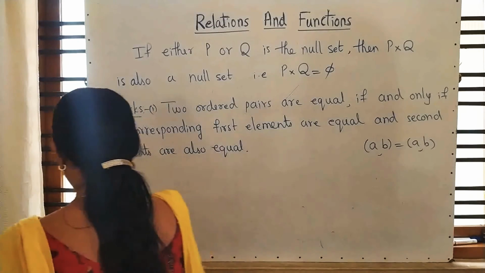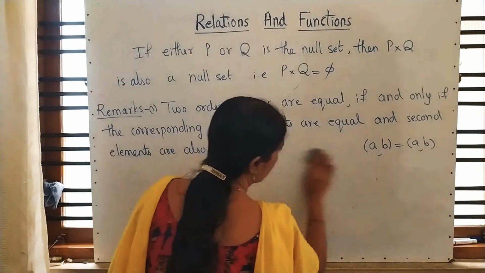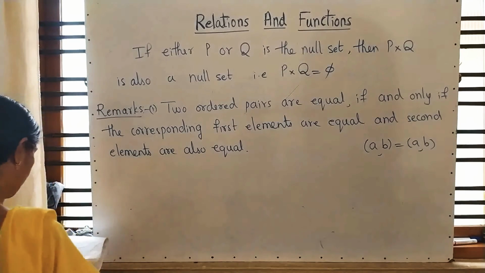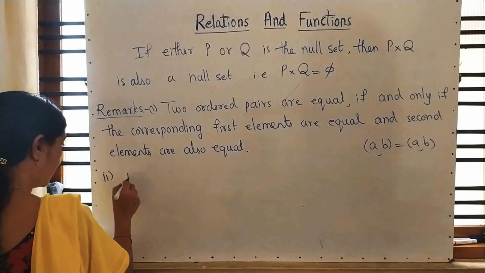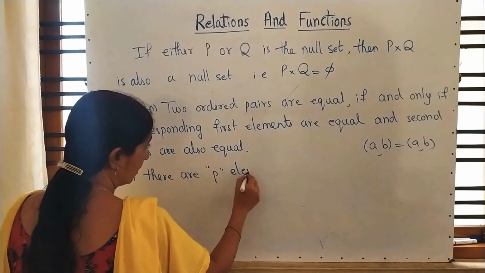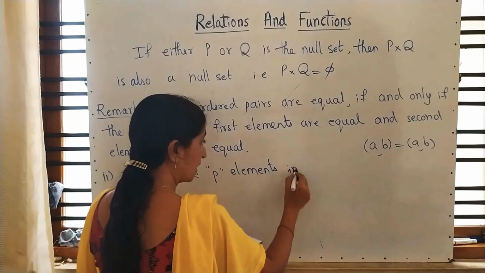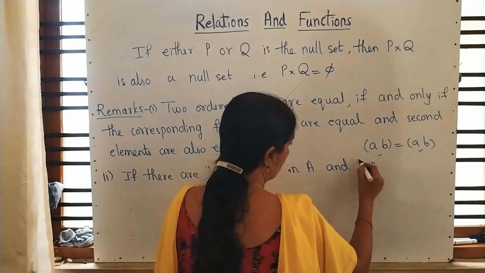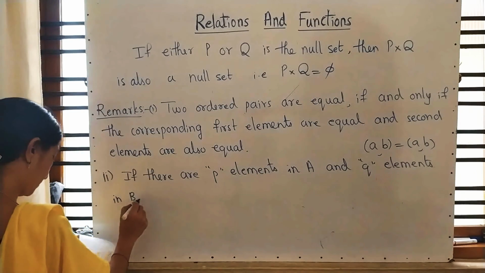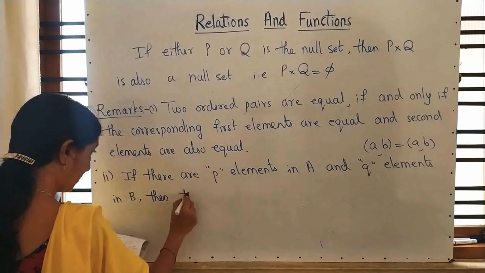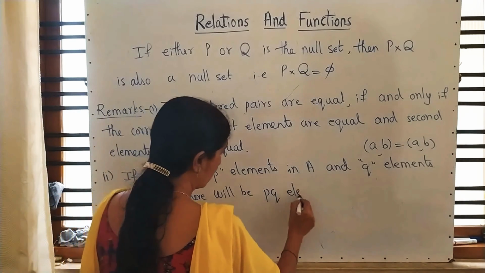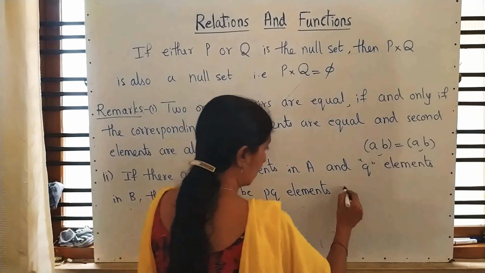Moving to the next point. If there are p elements in set A and q elements in set B, then there will be pq elements in A cross B. Go back and see.